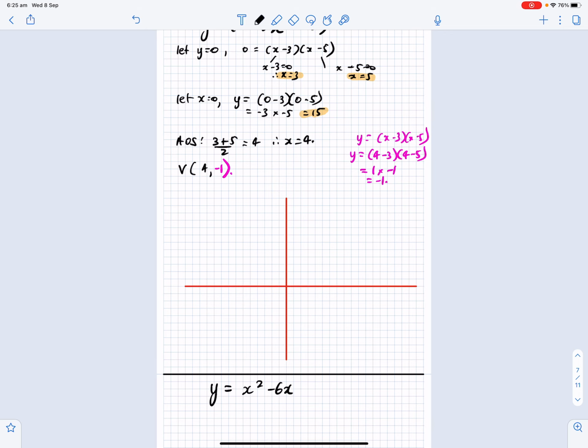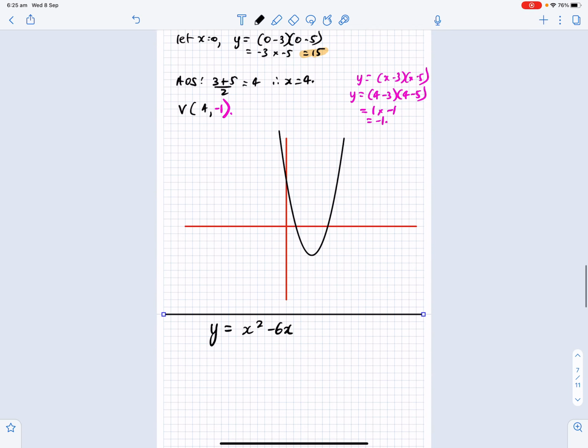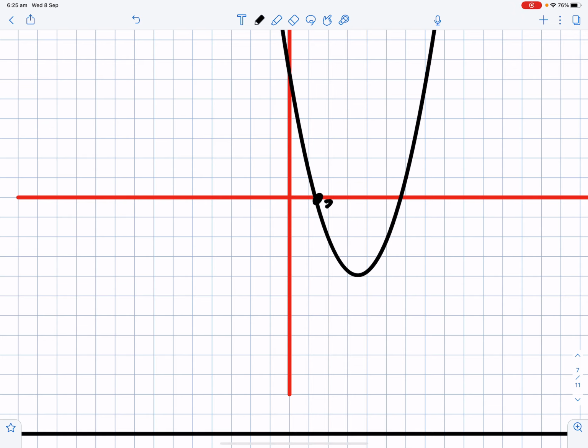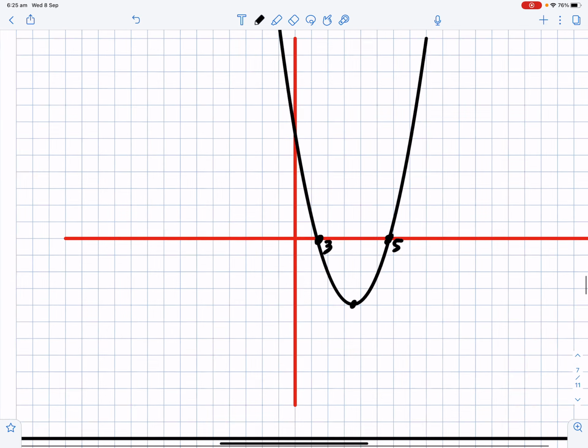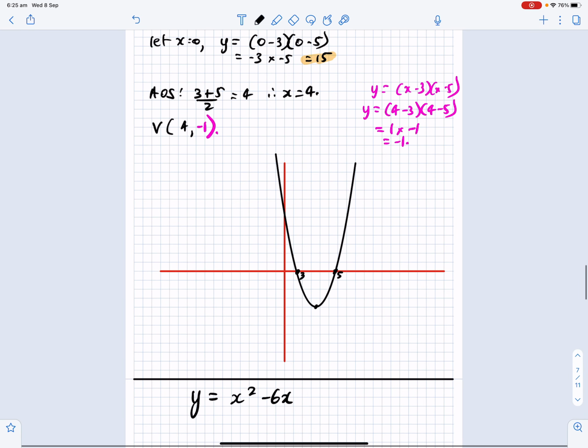I'll show you. So this is 3, this is 5. The vertex we said was 4 comma minus 1, and that is 15.